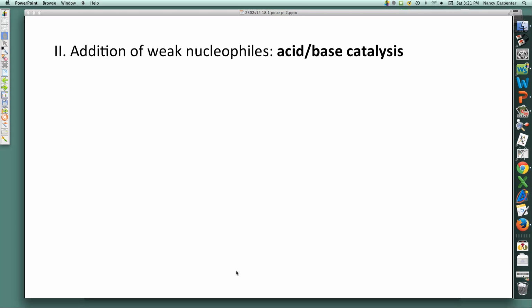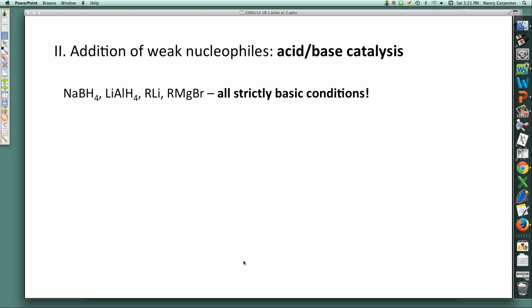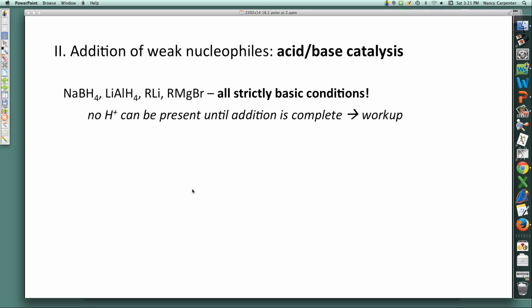So, important thing to start off with is the concept of acid and base catalysis. When we were looking at these hard nucleophiles in chapter 17, you could not possibly be under anything but basic conditions, because if you had any protic solvent or proton source at all, you would react with any of these reagents and quench them.